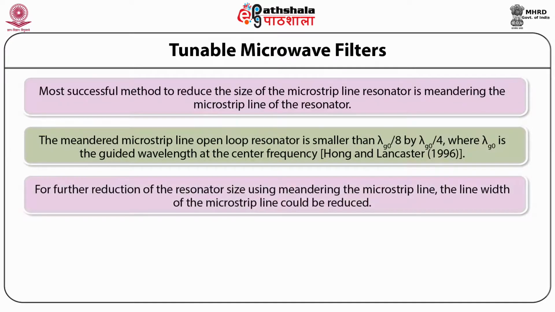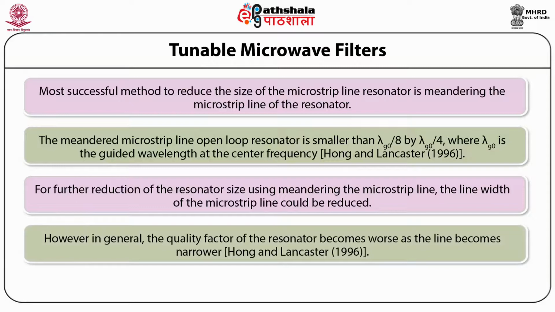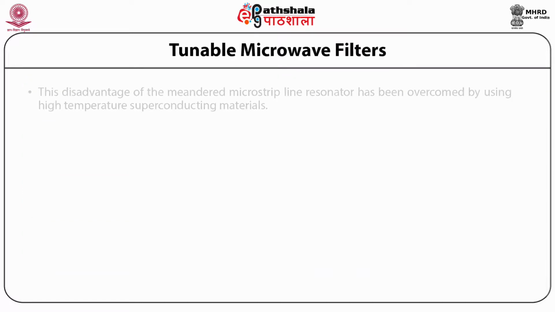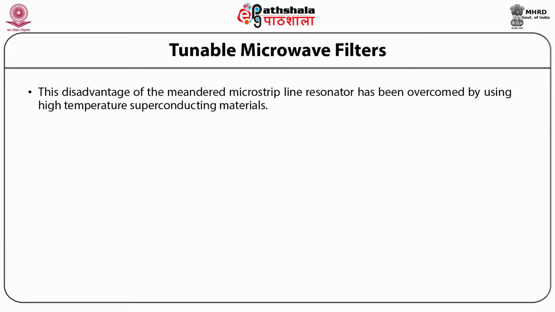So for further reduction of the resonator size, using a meander line can be done, but in general the quality factor of the resonator becomes worse as the line becomes narrower. The disadvantage of the meander line resonators can be overcome by employing high temperature superconducting materials.